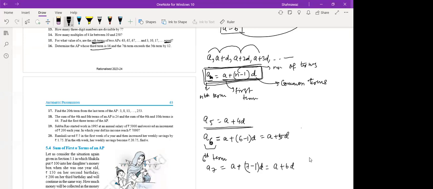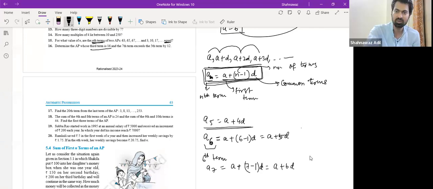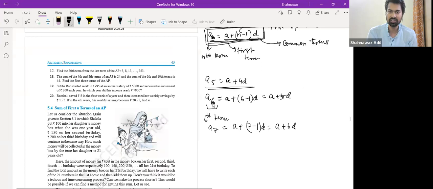So just remember that whenever they ask you the nth term, the sixth term is a plus 5d. The seventh term is a plus 6d. The fourth term would be a plus 3d. So one is less, whatever is the coefficient. If I am calculating a2, that would be a plus d.